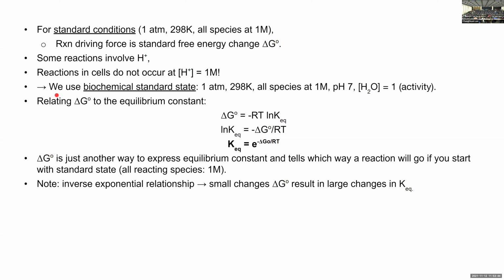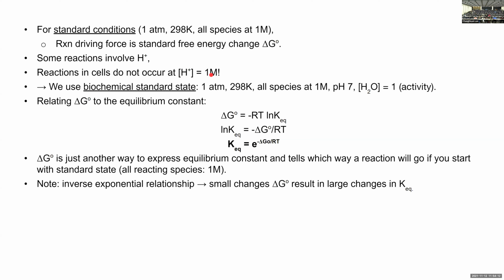So that's why we had to come up with the biochemical standard state, where we have pretty much the same values, 1 atmosphere and 298 Kelvin. And all the species have to be 1 molar except for the hydrogen cation concentration, which has to be pH 7.